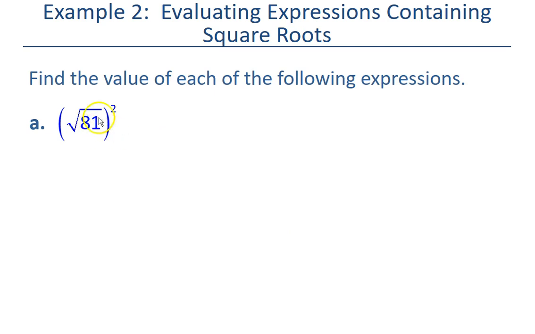So what would be the square root of 81 squared? Remember, we said in this situation, if what's under the radical sign is squared, it just becomes the radicand. So 81.